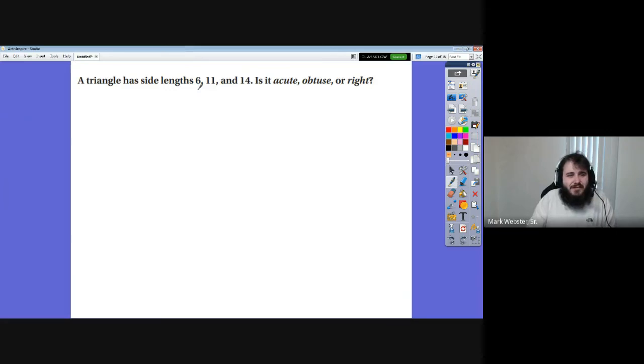So let's do this. The side lengths are 6, 11, and 14. Remember, the two smaller ones compared to the biggest one. 6 squared is 36. 11 squared is 121. 14 squared is 196, right? Let's add these up.